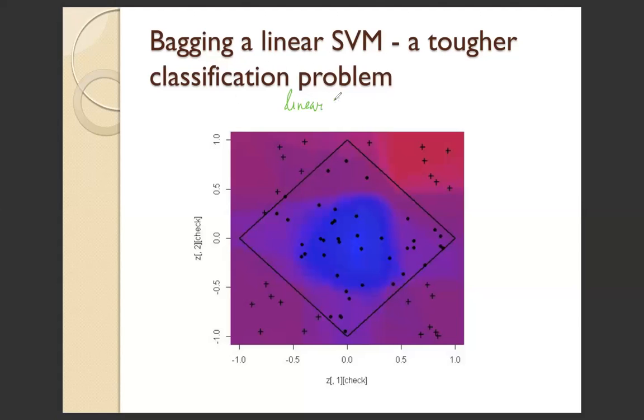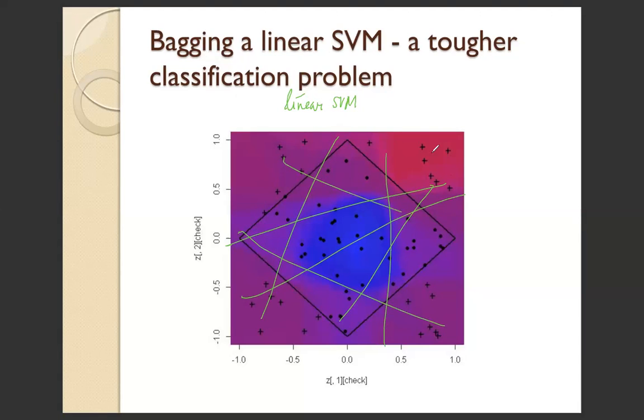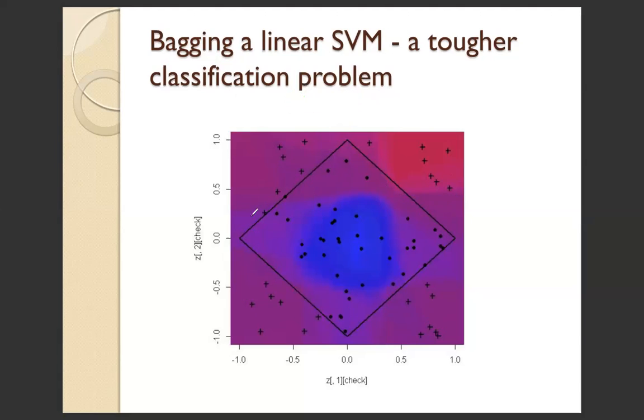If you do linear SVM, then every time you have this data, it may be something like this, something like this, something like this, and so on. Right? There will actually be many lines. Okay. What happens is that if you do enough of them, the part that they all agree on will more or less fall like this in this case.